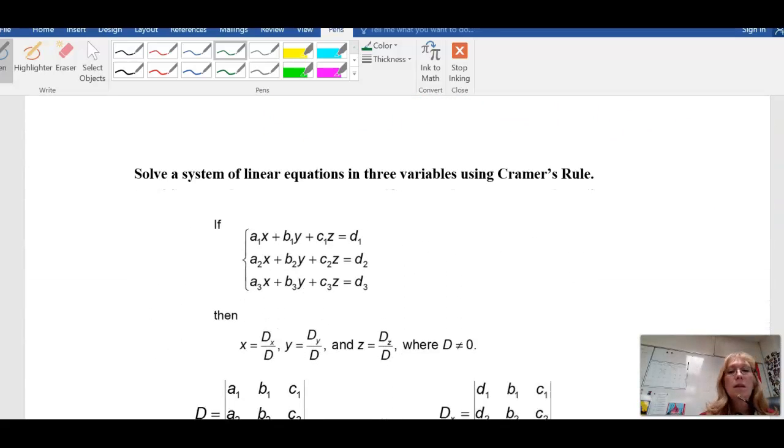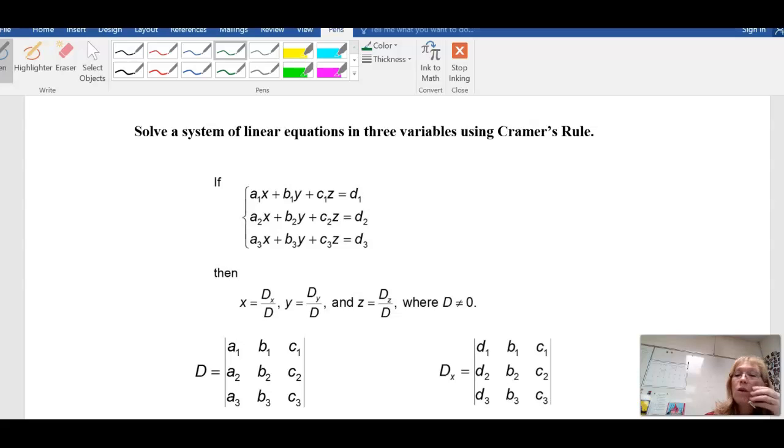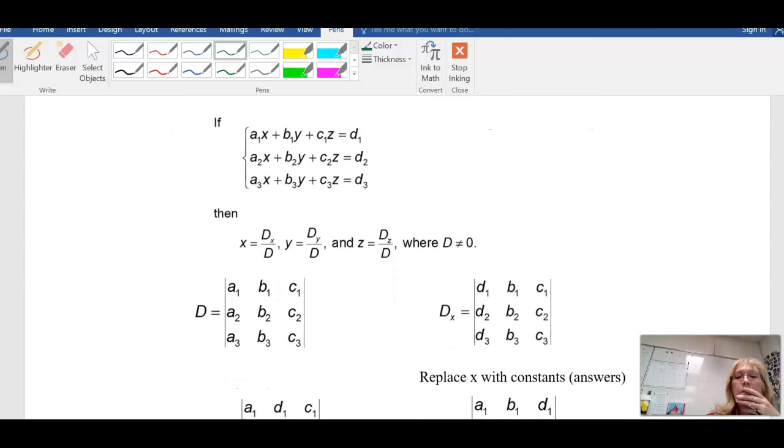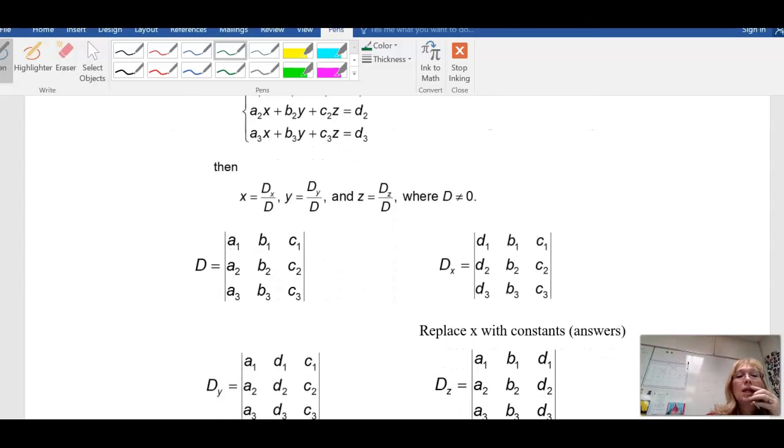Okay, next, solving linear equations. What we do is take the first determinant, which are the x, the y, and the z. So this is x, this is y, this is z. And this is going to be our denominator, what we divide by. This is Cramer's rule again. So we take everybody, we replace no one.